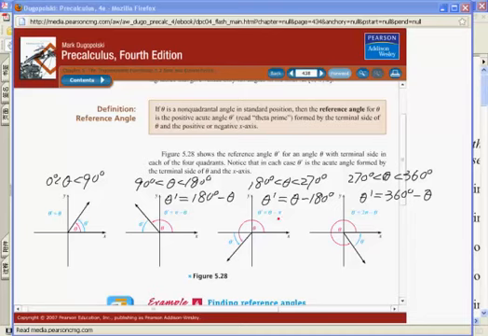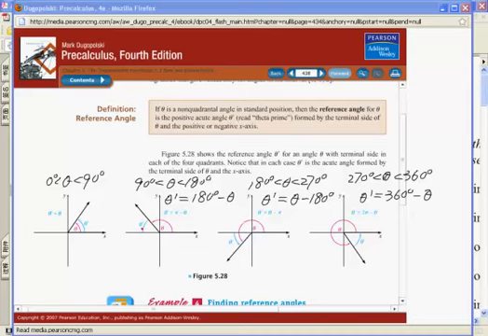So in a word, the reference angle of a given non-quadrantal angle in standard position is formed by the terminal side of this angle together either with the positive x-axis or with the negative x-axis.